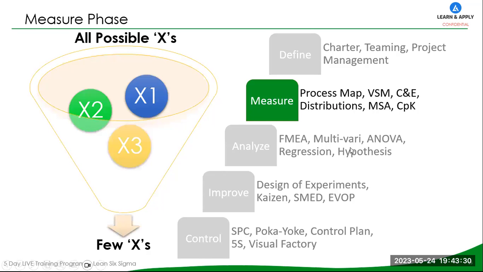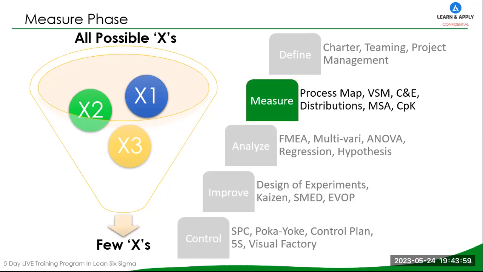In the define phase, we identify the practical problem. During the introduction of Six Sigma, I explained how this approach works: in the define phase, we define the practical problem, and in the measure phase, we quantify that problem in terms of factors and responses so that we can take action on it and solve it.